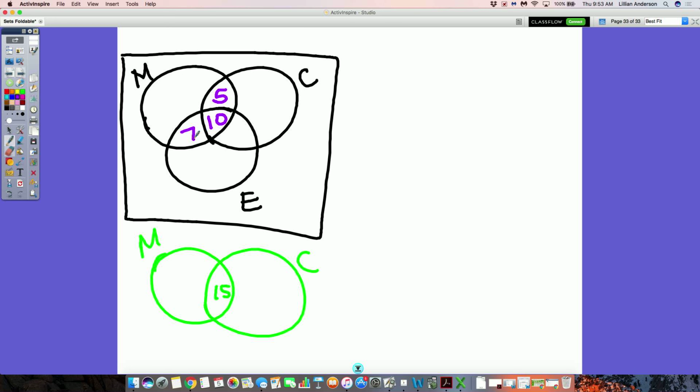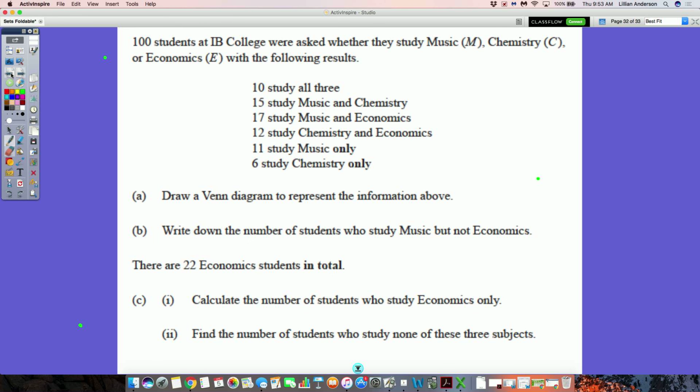It says Kevin. It was different from the board. Yeah. Ours says Kevin. I went based on the board. It says 17 study chem and econ. So it makes sense then. Okay. I mean, that's also why I kind of did leave it up here too.